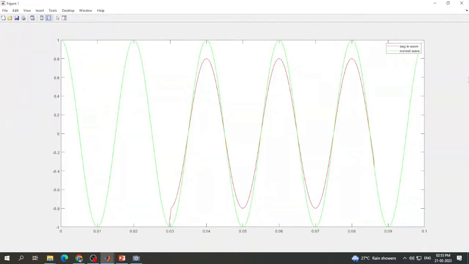The green is the normal voltage with a maximum value of 1 per unit, and the red one is the disturbed signal, whose peak value is less than 1, below 0.9 also. So this is the sag signal.